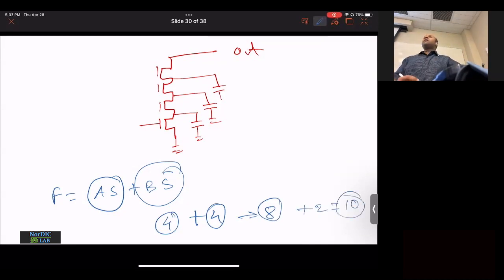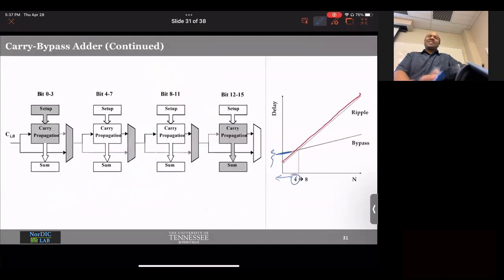But you can have different types of mux. You can have transmission gates and whatnot. Maybe 4 to 10, depending on how you implement that. So even if you have to use 1 extra transistor, that brings in additional delay. That's why the design will not be good for lower bit operation.